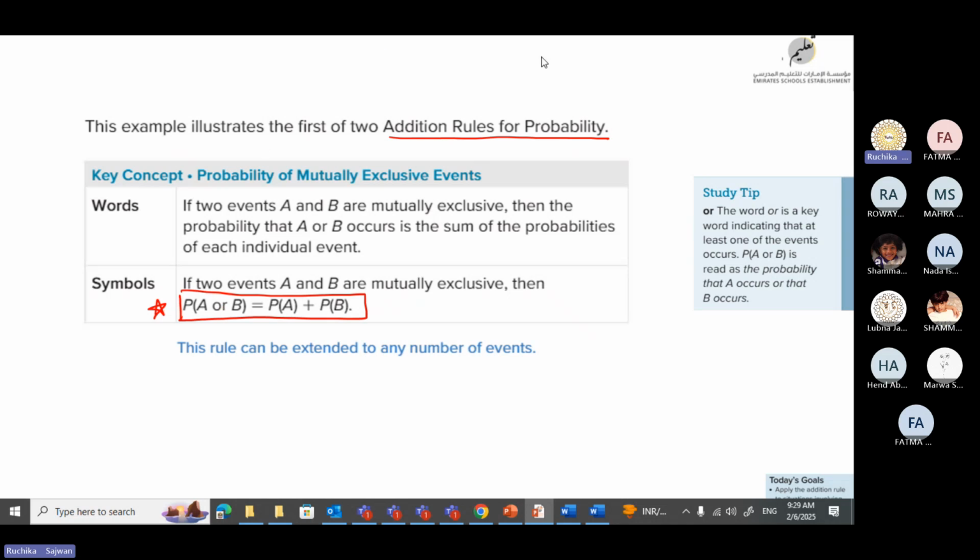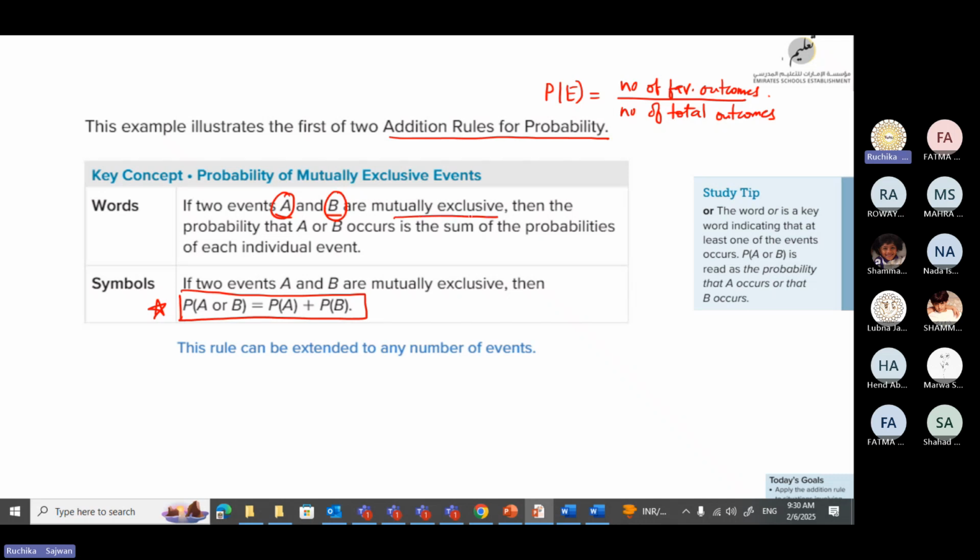So we know that many times in class we have done that probability of an event is number of favorable outcomes divided by number of total outcomes, right? This formula. So now if I know that two events A and B are mutually exclusive, then we always use the addition rule.